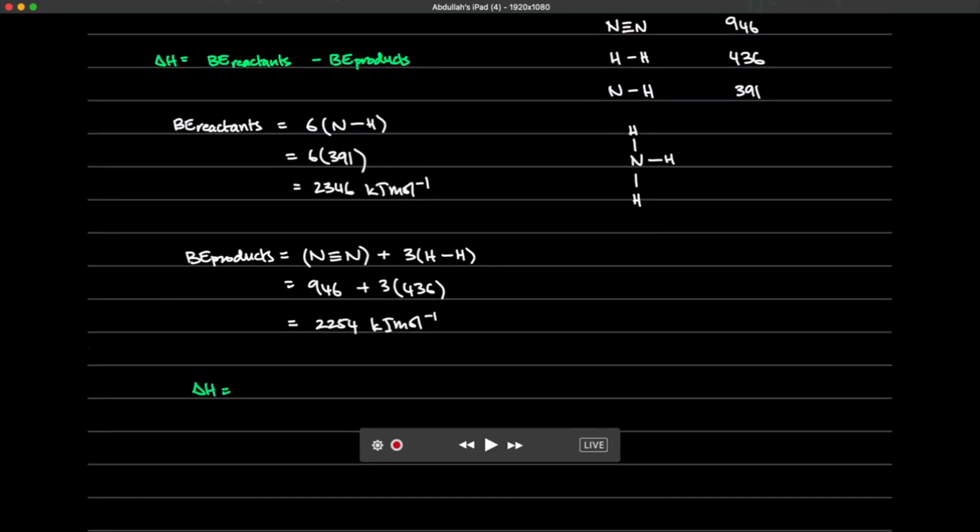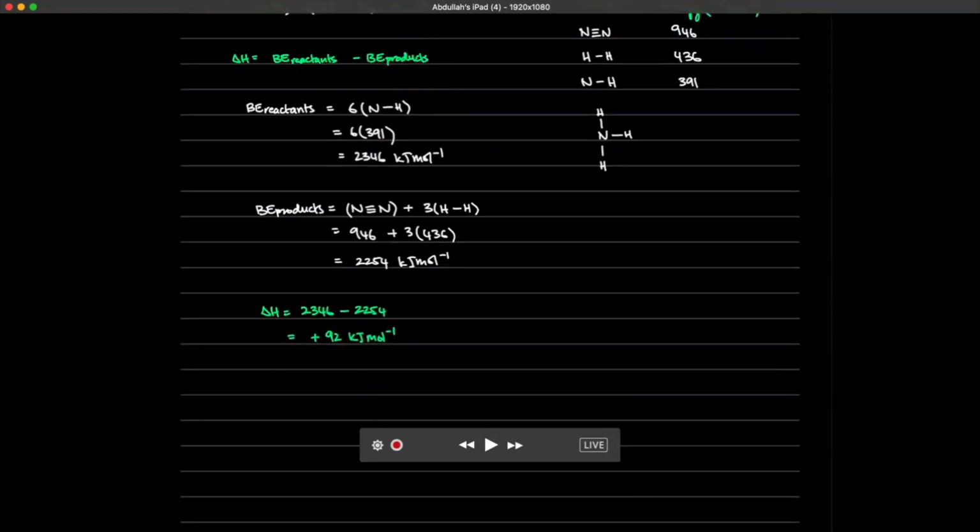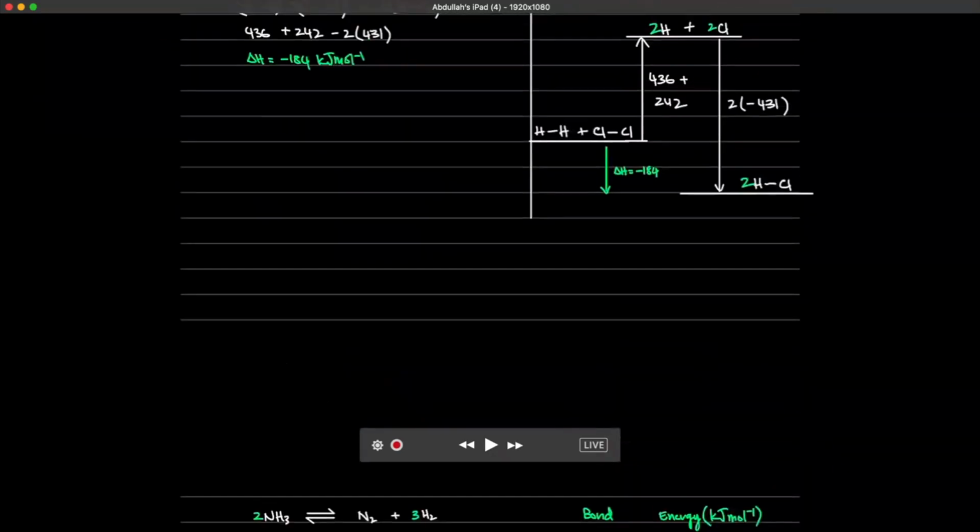So delta H would be 2346 minus 2254, right? Reactants minus products. So then this comes out to plus 92 kilojoules per mole. Okay, so that's your answer. So then you get plus 92, all right?